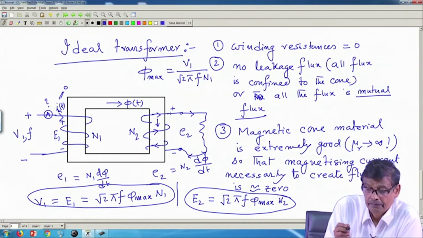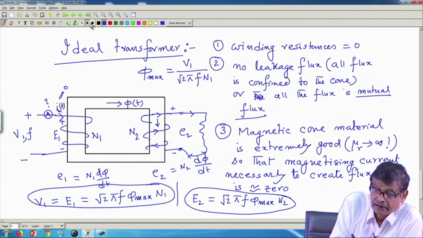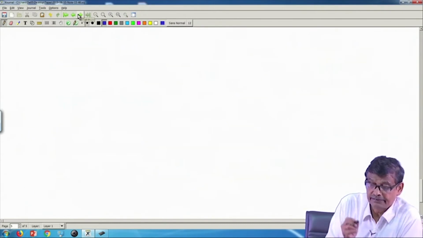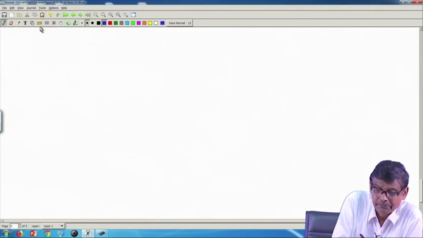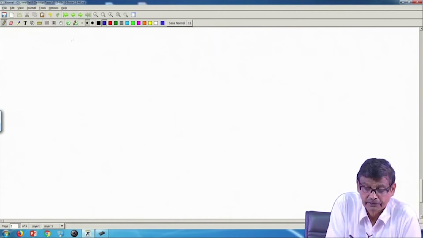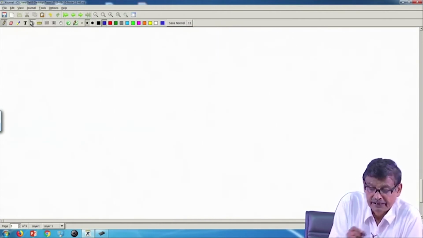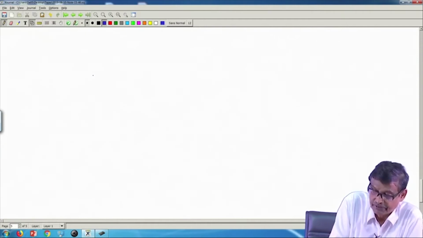Let me repeat this point in a nicer diagram. It is like this. So, let me sketch it, that will be faster. Because let us spend some time on this.